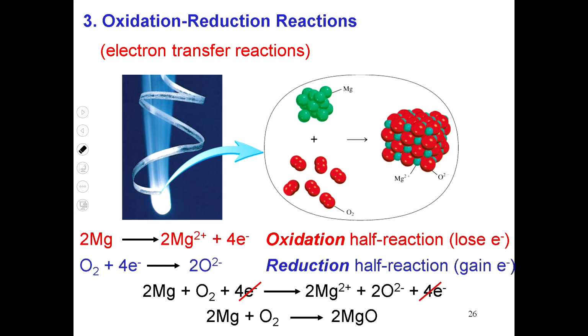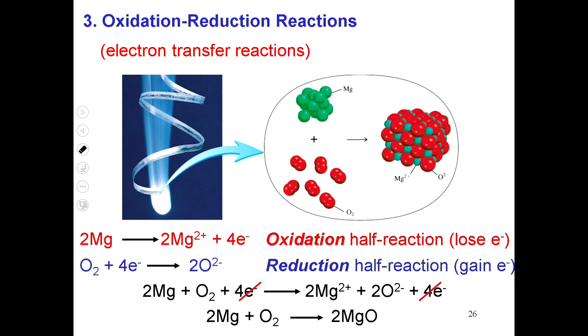It's about acid-base reaction. So the third one is oxidation reduction reactions. This means in these reactions, electrons transfer between the substances. So it's also called electron transfer reactions. For example, this metal can react with oxygen, like burning in air, and forms this product.